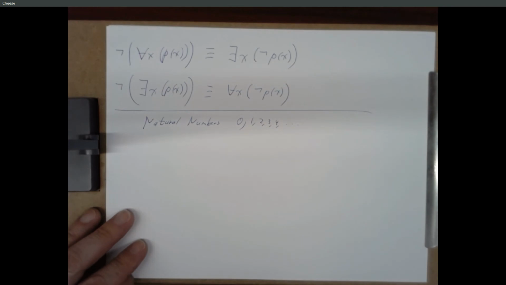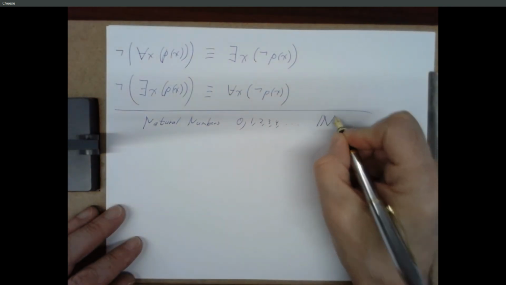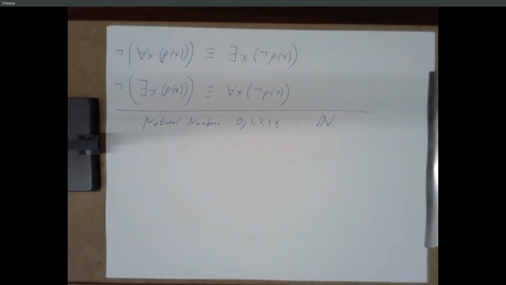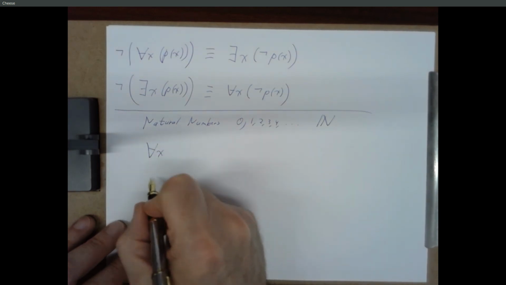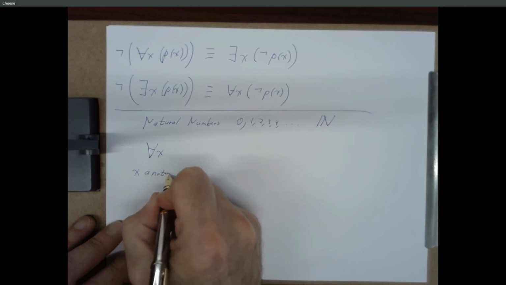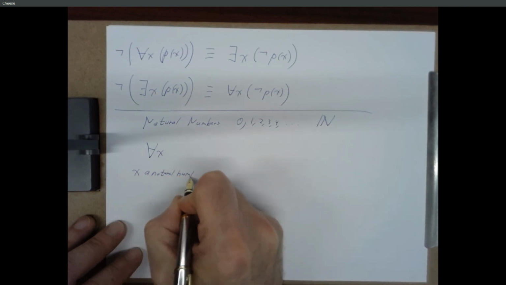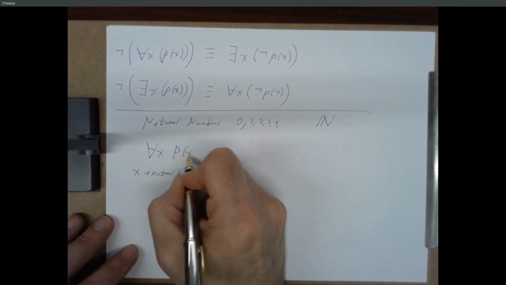So let's look at natural numbers. And we have a symbol for the natural numbers. It's this funny looking N with a double bar on the side. So for all x, where x is a natural number, p of x.